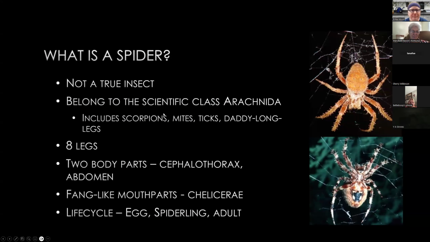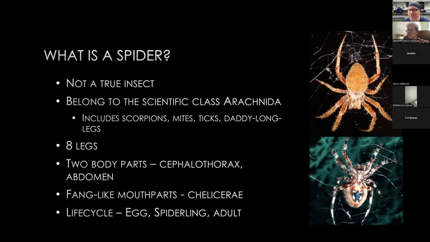All right. So to begin, let's first talk about what exactly is a spider, because even though spiders get lumped quite a bit in with insects, and of course, when we talk about our entomology classes, we definitely focus on insects, spiders are actually not a true insect.